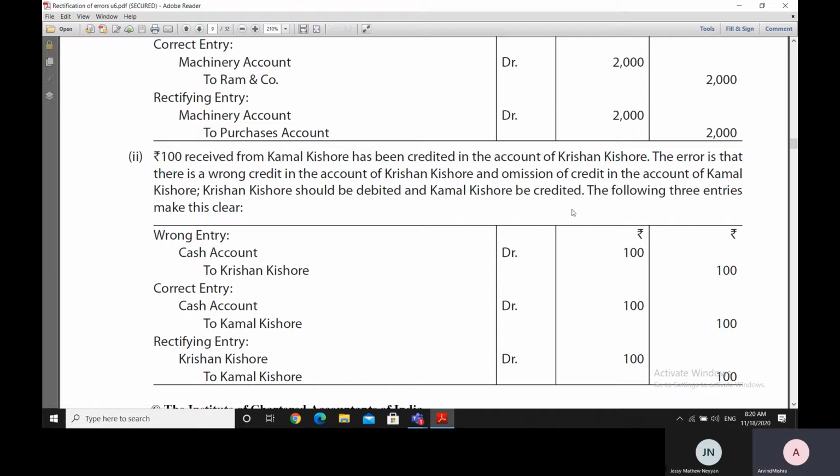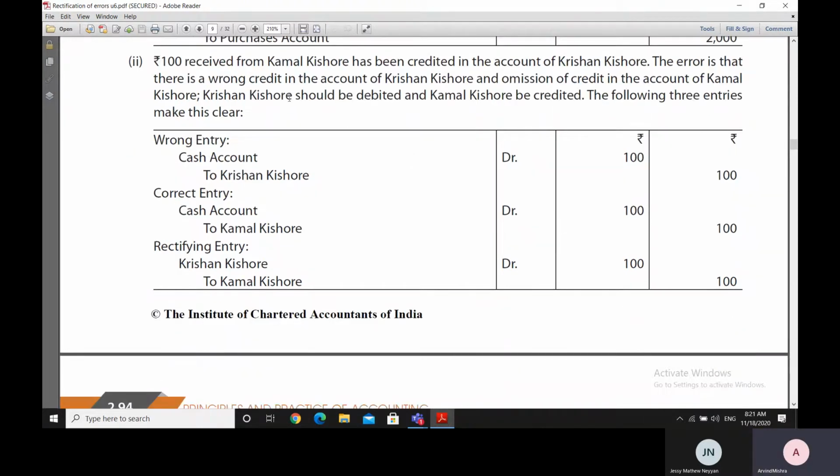So the rectification is being made here by means of a journal entry which is correcting a wrong entry which was made earlier. The wrong entry which was made earlier was affecting two accounts, and by reversal or correction of that entry, we have made a rectification by means of a journal entry. As you can see here, the wrong entry was debit to the cash account and credit to Krishan Kishore account.